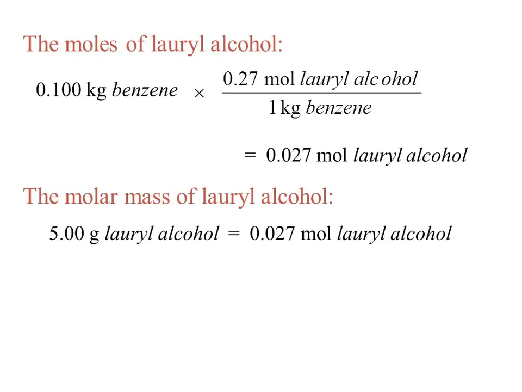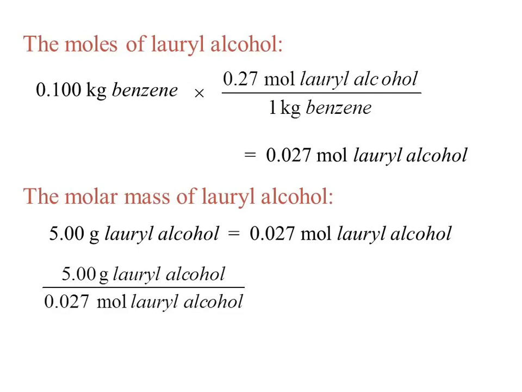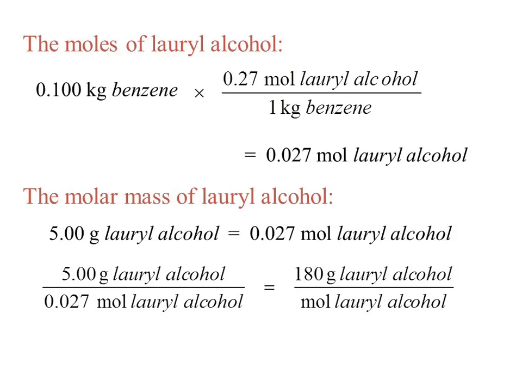Molar mass, grams per mole. So the last thing you're going to see here is basically the 5.00 grams divided by the 0.027 moles. Rounding to 2 significant figures, that is the grams per mole of this solute. And that's it. That's the molar mass.